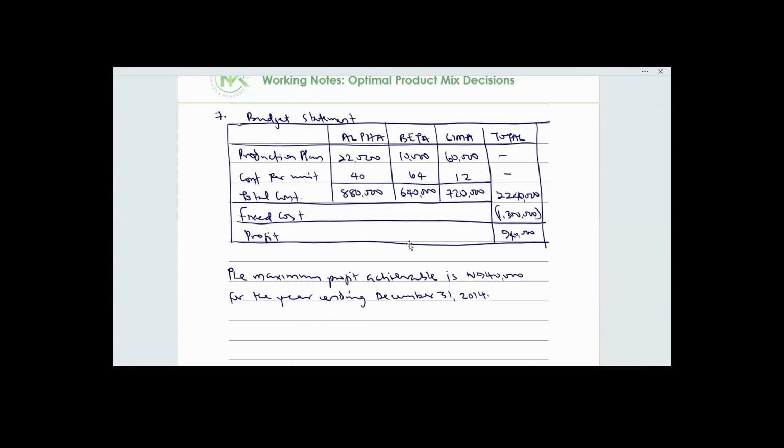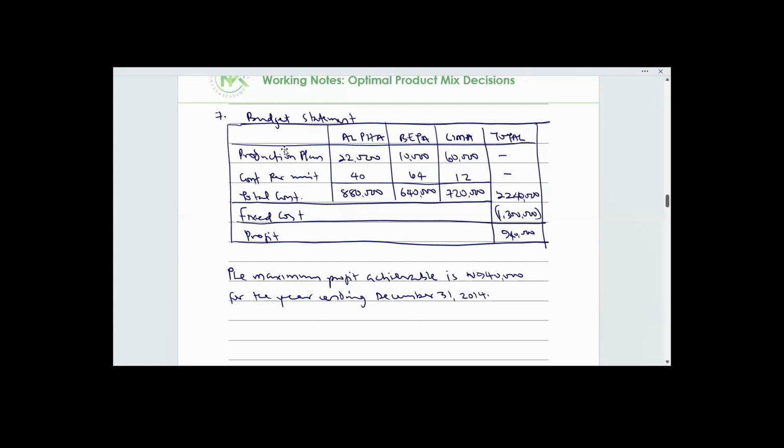So this is the maximum profit derivable by the organization from this allocation, meaning that if the company produces 22,000 units of alpha, 10,000 units of beta, 60,000 units of sigma, the profit the company will get from the sales of those units is 940,000. Okay? Yes, sir.